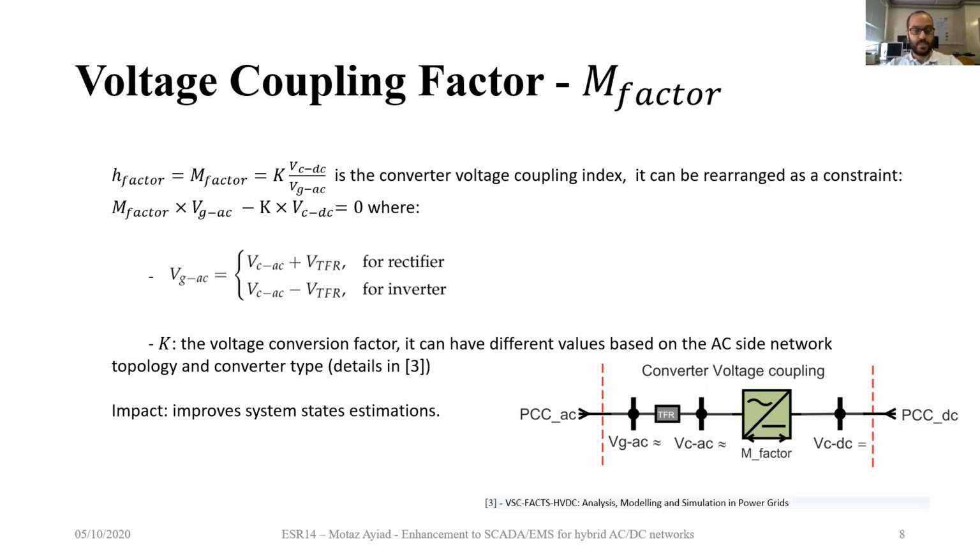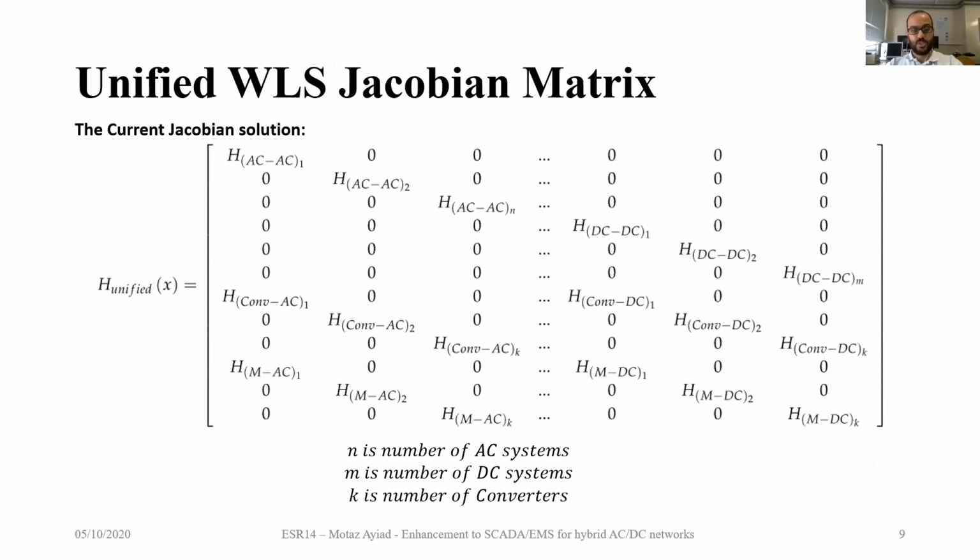The relationship can be reconstructed as a constraint or kept as a measurement sent by the converter to the SCADA side. The main contribution of the voltage coupling is improving the system state estimations. In addition, further modifications have been made to the Jacobian matrix. These modifications include additional components and partial derivatives for the power coupling and the voltage coupling.